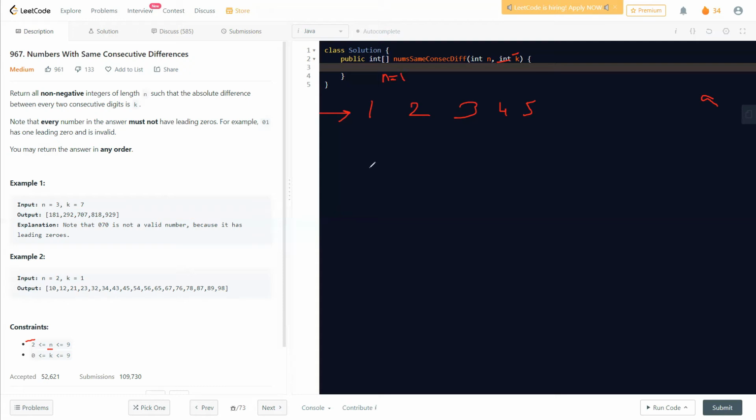Okay. Now say we first take 1. And what's the idea? Now our idea is, the first number we took, we add it with k, say in our case k is 7.